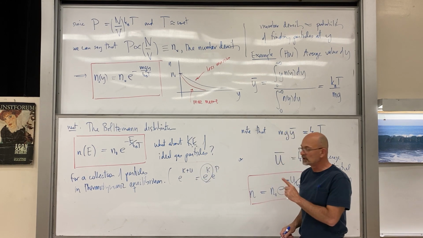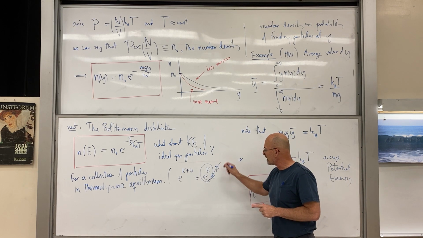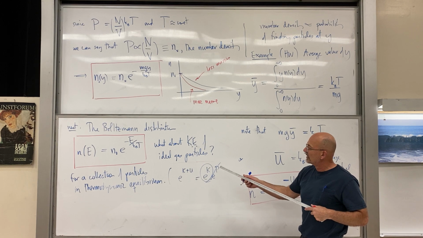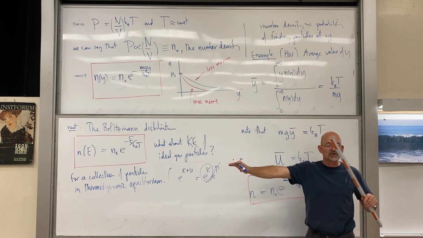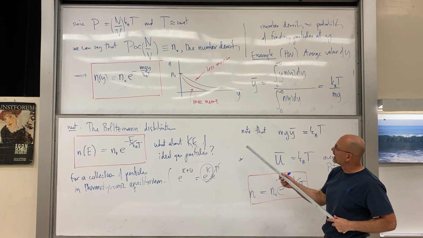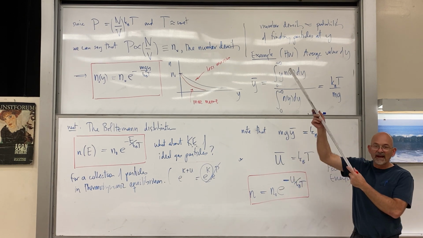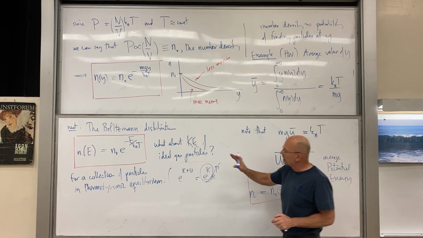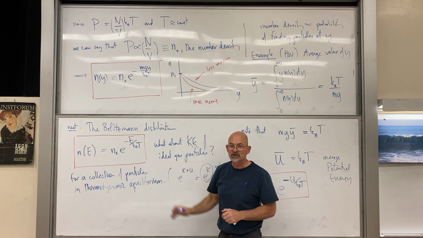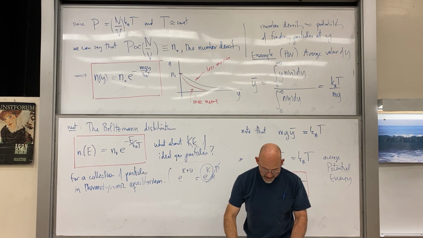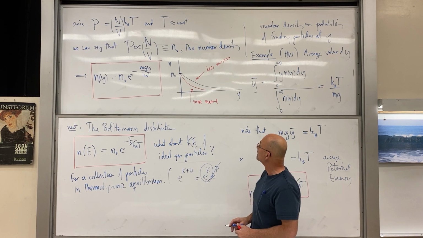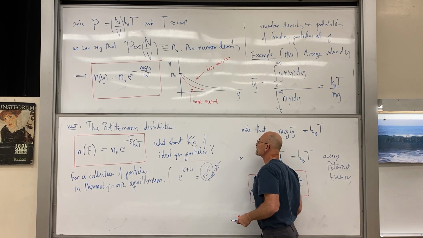Okay, so what we're going to do now is deal with the kinetic and not worry about the potential. And in fact, in an ideal gas that's at a constant elevation, we're not dealing with the potential. This thing here came from moving up and down in the atmosphere. Good. So what we want to do is convert this to the distribution we had last time, and that's actually pretty quickly done. I'll just sketch it for you.